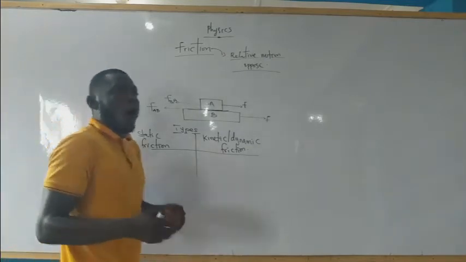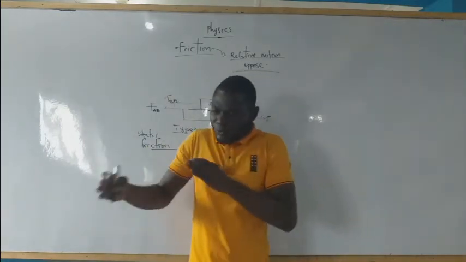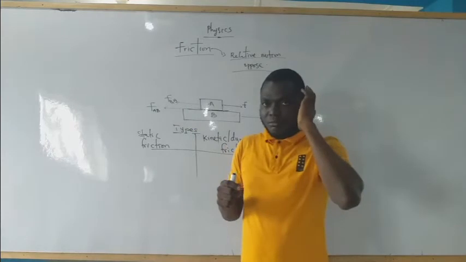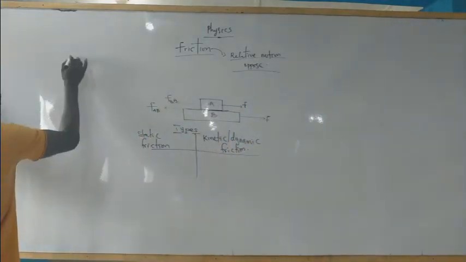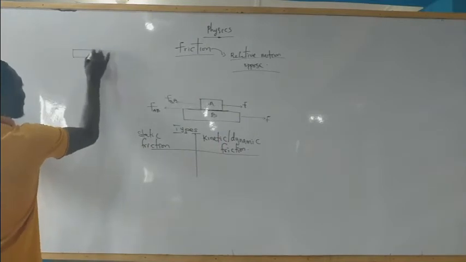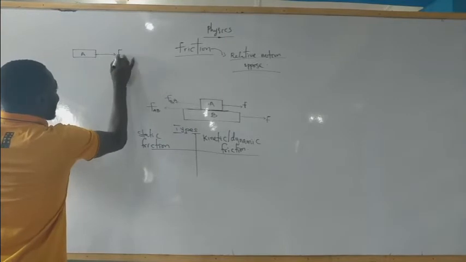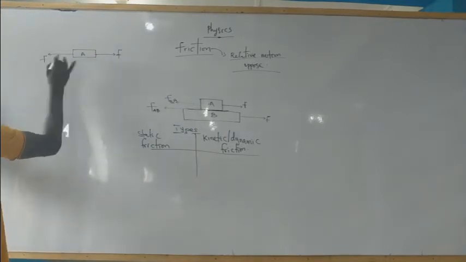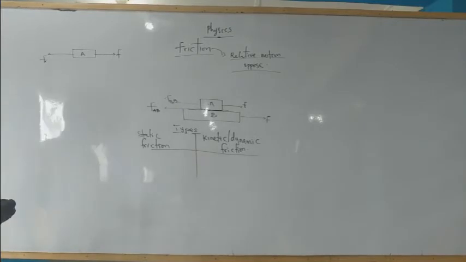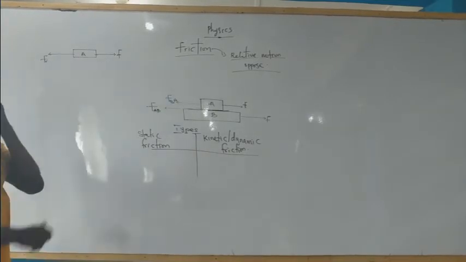Static is also when the force applied to the body is equal to the friction. Let's take for instance that we have body A and force F applied to it. There will be a frictional force opposing the movement of the body.